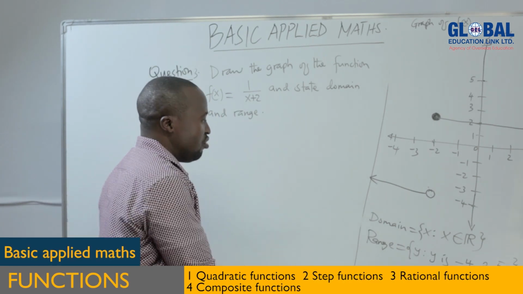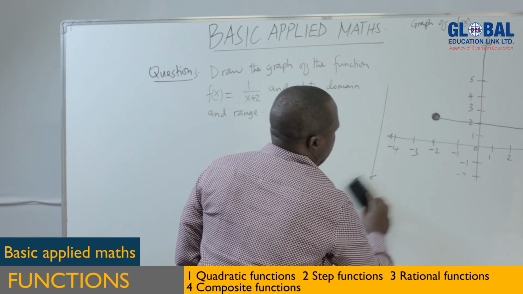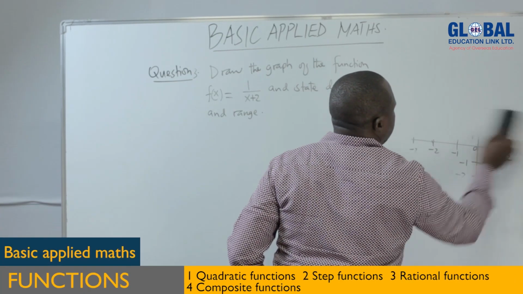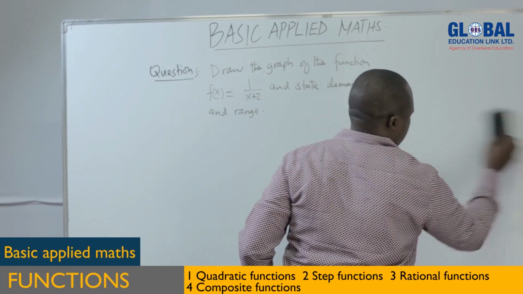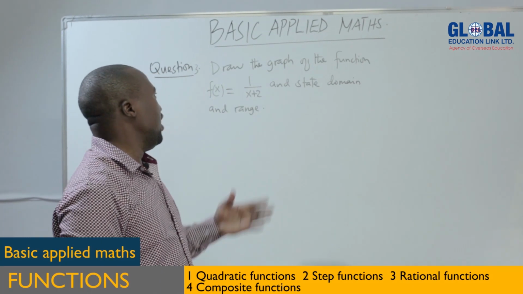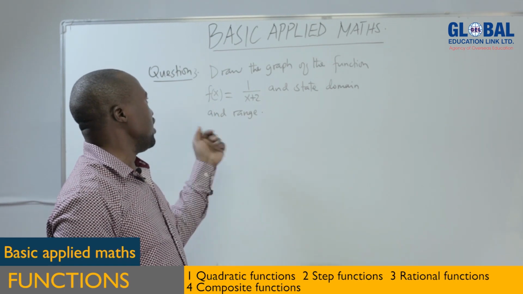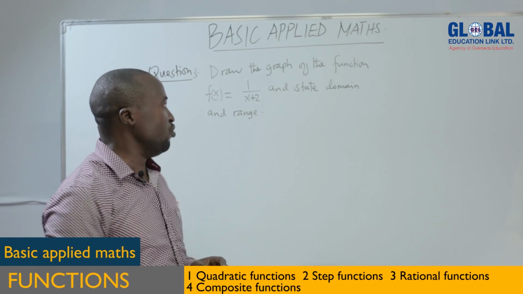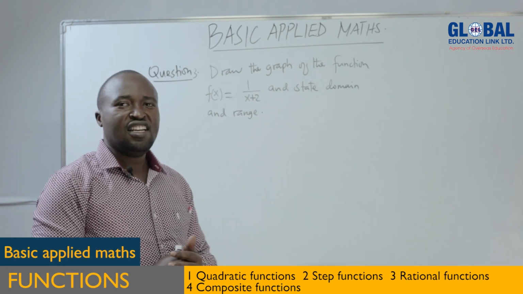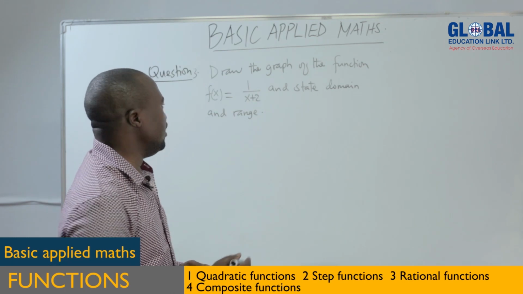So this is our question. It is a rational function. We are supposed to draw the graph of this function and then later on state domain and the range.